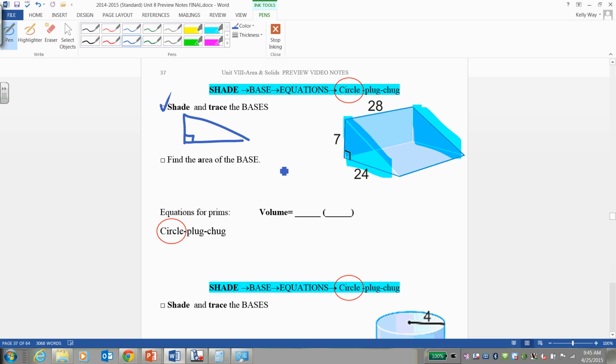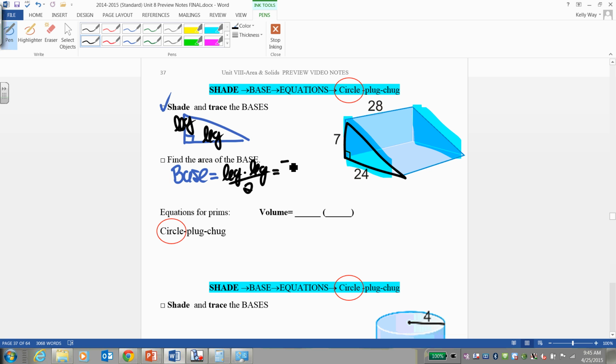Now, we're going to find the area of the base. This base is a right triangle, so its area is leg times leg over 2. So we're finding the area of that base. You only need one.